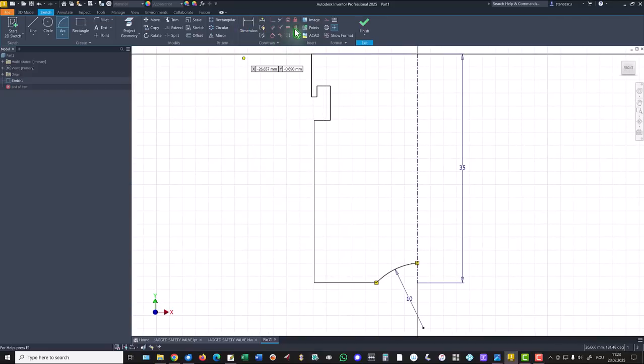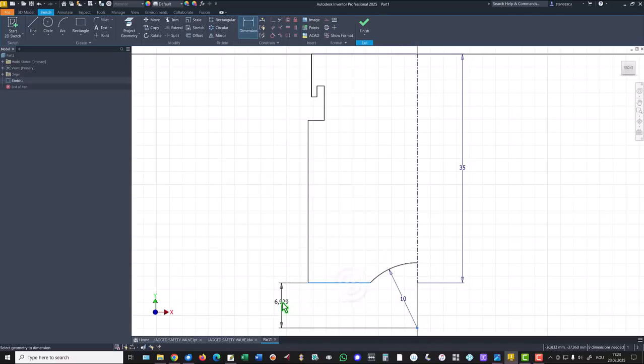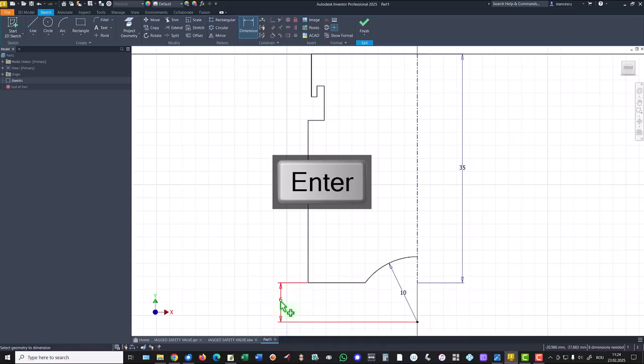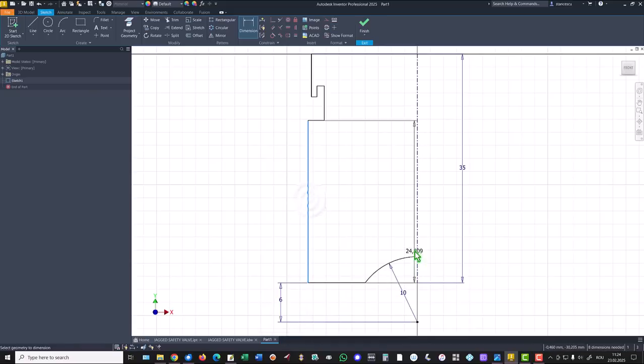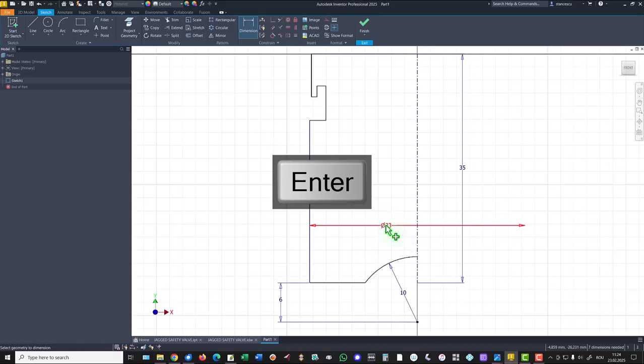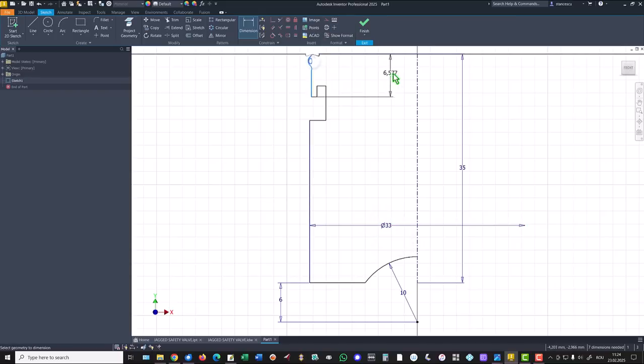This center is on the same vertical with the center point, and here is a distance of 6. This is 33. This is 35.